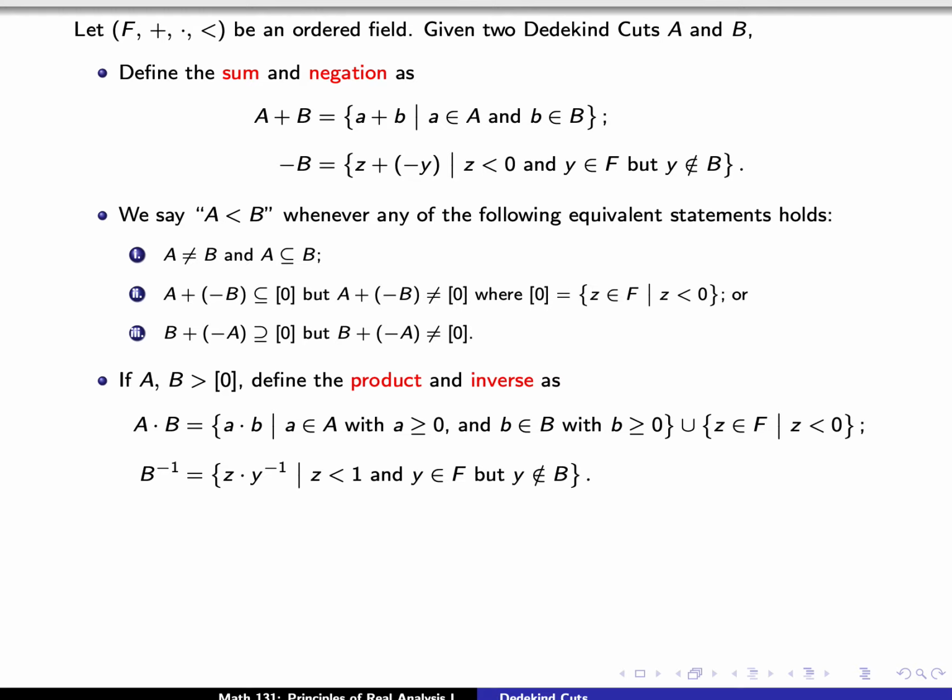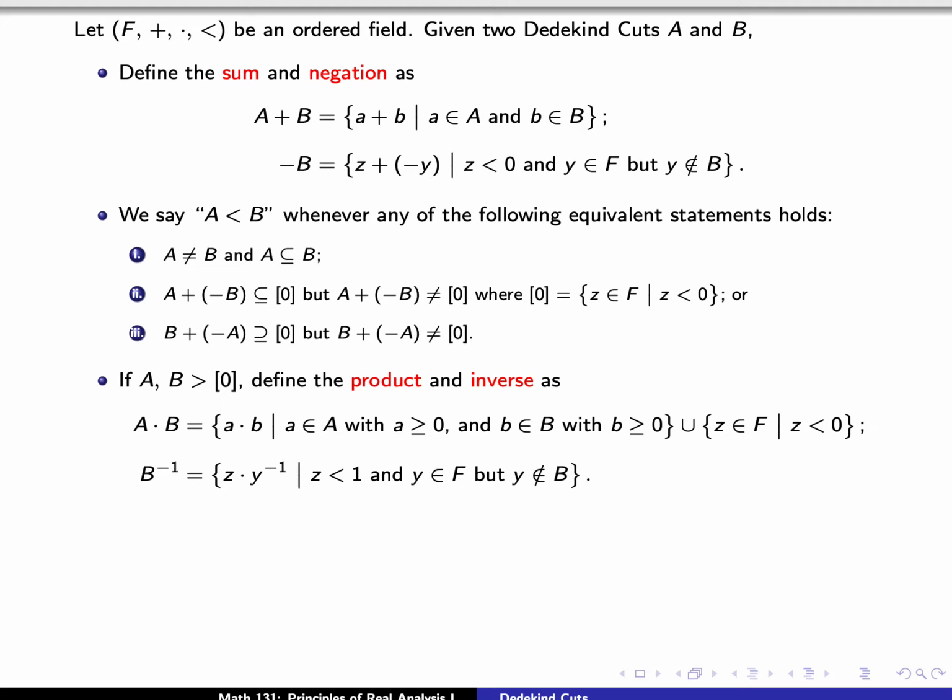Finally, we can define the product and inverses in a rather strange way that we have here in the slide. We want to be very careful to keep track of the ordering. Remember that we had one of the properties that the product of two positive numbers should itself be a positive number. In this case, let's say that A and B are two Dedekind cuts that are greater than our square bracket 0.